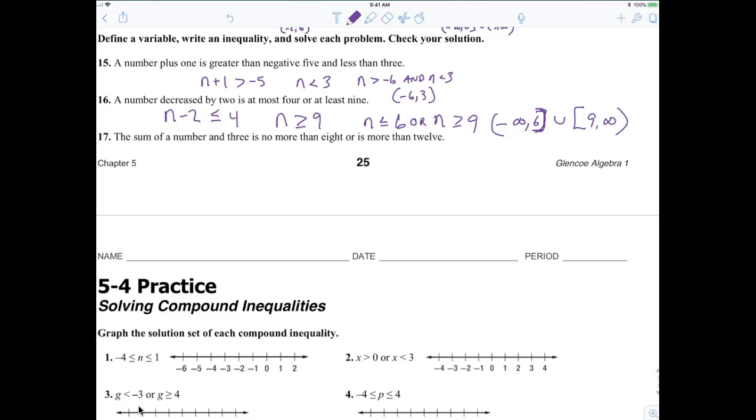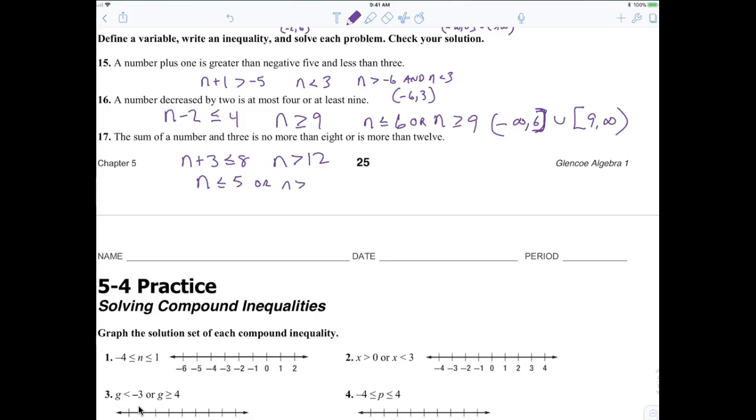Concentrate. All right. Last one. The sum of a number and 3 is no more than 8. That, less than or equal to 8, or the number is more than 12. All right? So now we have n is less than or equal to what?